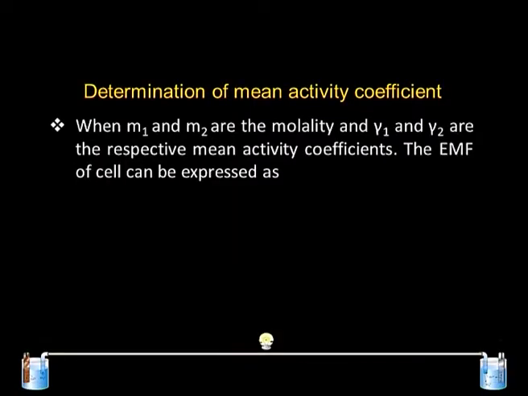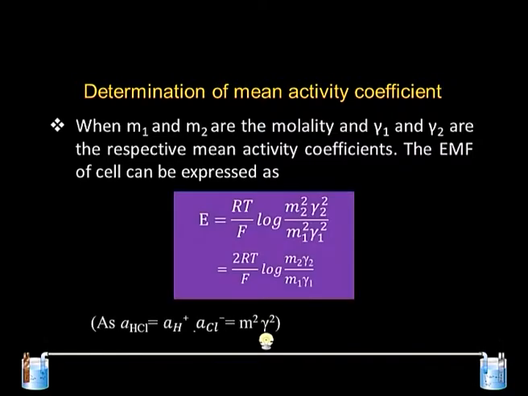When M1 and M2 are the molality and gamma 1, gamma 2 are the respective mean activity coefficients, the EMF of a cell can be expressed as E is equal to RT by F log M2 square gamma 2 square divided by M1 square gamma 1 square, and this is equal to 2 RT by F log M2 gamma 2 divided by M1 gamma 1, as activity of HCl is equal to activity of hydrogen ions and activity of chloride ion is equal to M square gamma square.